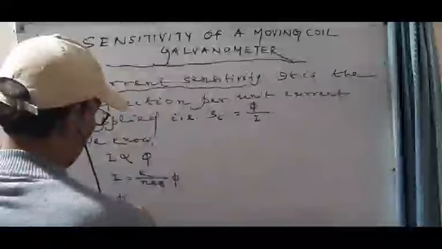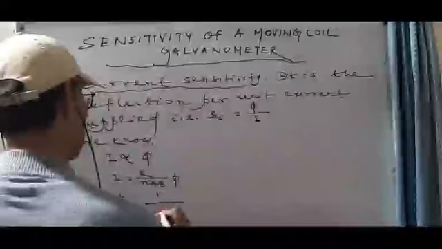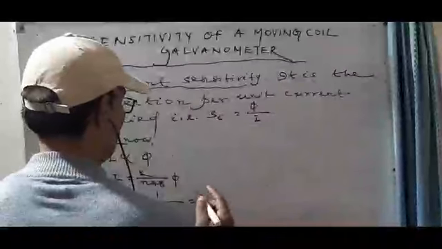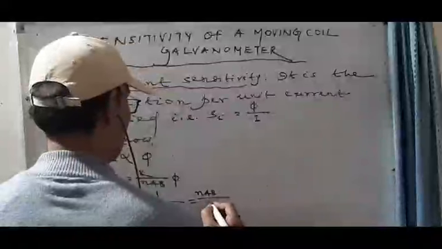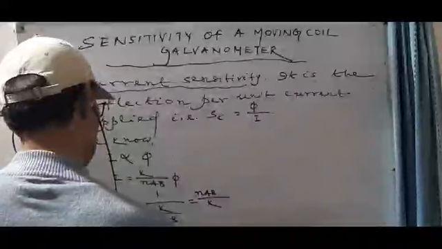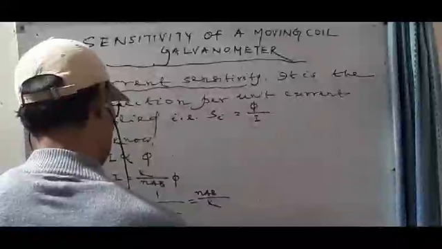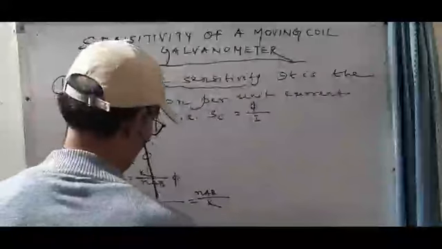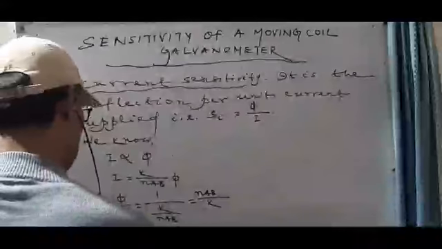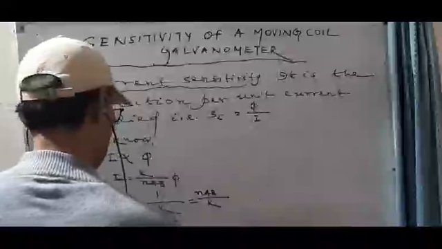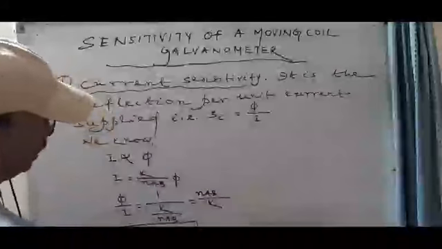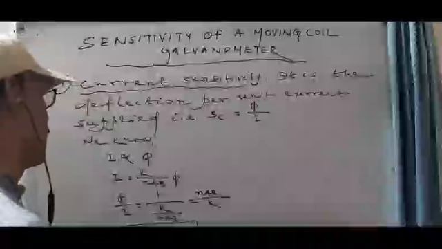Then phi upon I is equal to NAB upon K, and that is equal to current sensitivity: SI equal to phi upon I is equal to NAB upon K. So this is the current sensitivity and its expression.